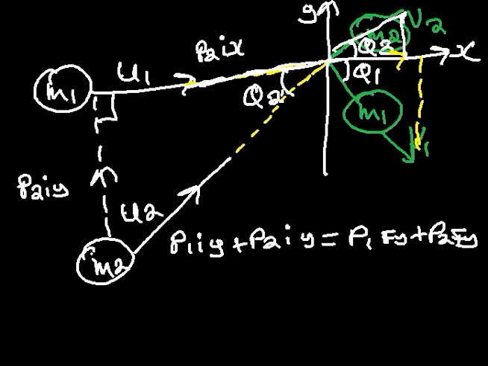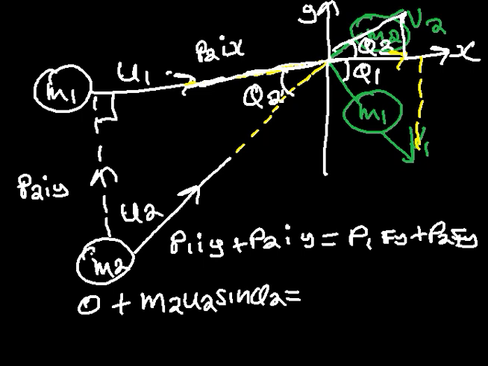Now let's go back and analyze the system. Since object 1 is along the x-axis only, it has no component of momentum along y, so that will be given as 0. Then for object 2, this component along y will be given as a plus because it is going towards the positive direction. We'll have it as m2 u2 sin theta 2.